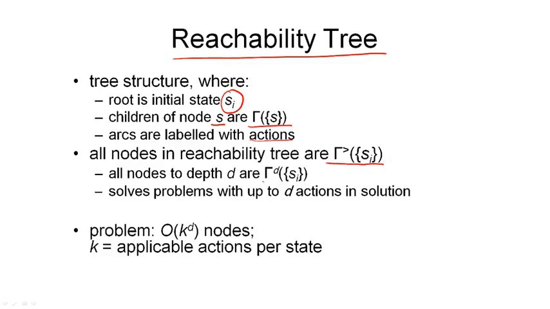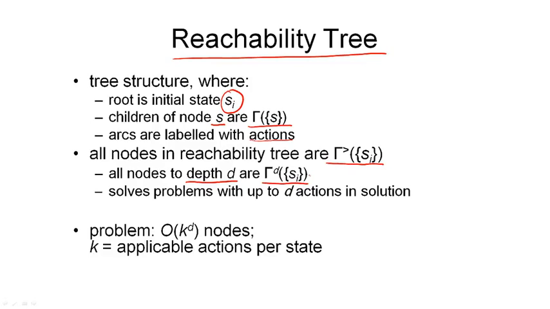Or if we gave a depth limit to our tree, so suppose we only go to depth D, then we would have gamma D of Si in this reachability tree. So not a complete tree, but all the nodes that are reachable in D steps. And in this tree, of course, we can find all the solutions to problems that require up to D actions in their solution. Now, we could of course use this tree to check whether each of the individual goal conditions is true in some state rather than all in the same, and then use our criterion just introduced to see whether the planning problem has a solution.